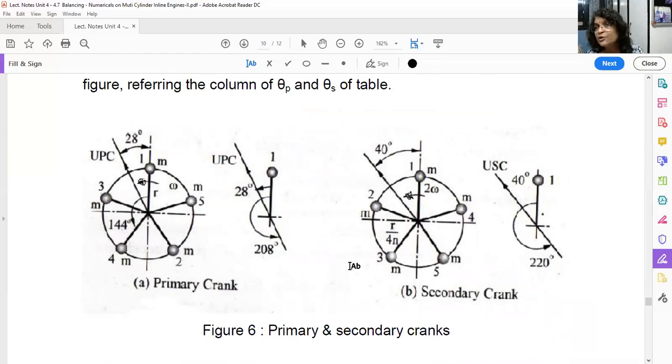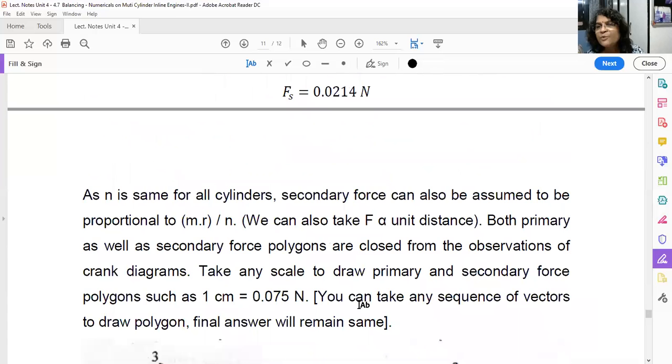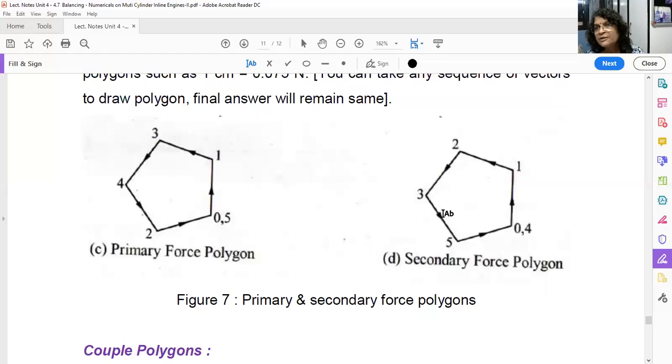Like this here also. To draw the secondary force polygon, you follow the sequence 1, 2, 3, 5, 4. Okay. So you will be getting this polygon. 0 to 1, 1 to 2, 2 to 3, 3 to 5, 5 to 4. So you are getting a closed polygon. That means there is no unbalanced primary force, no unbalanced secondary force.